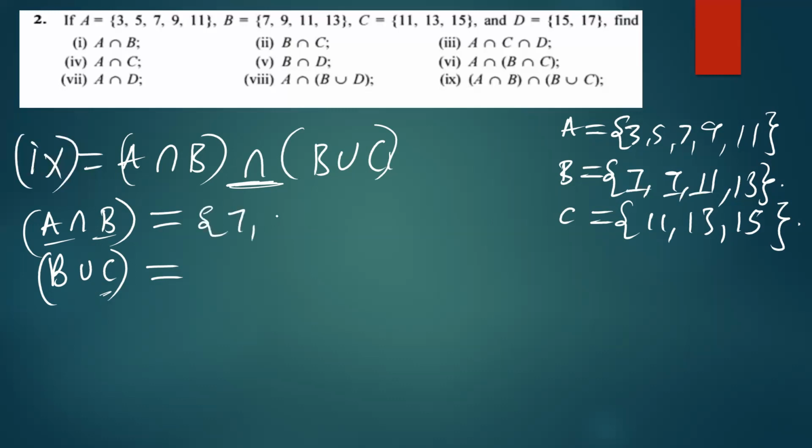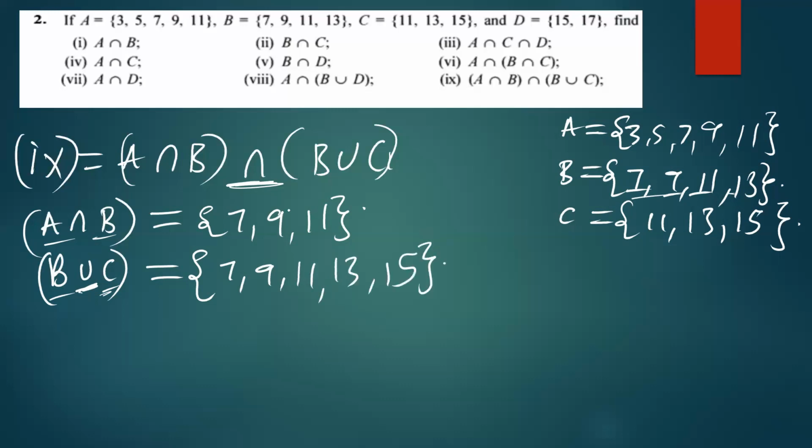Then, since it's union, we add the two sets B and C. Combining B and C gives us 7, 9, 11, 13, and 15.